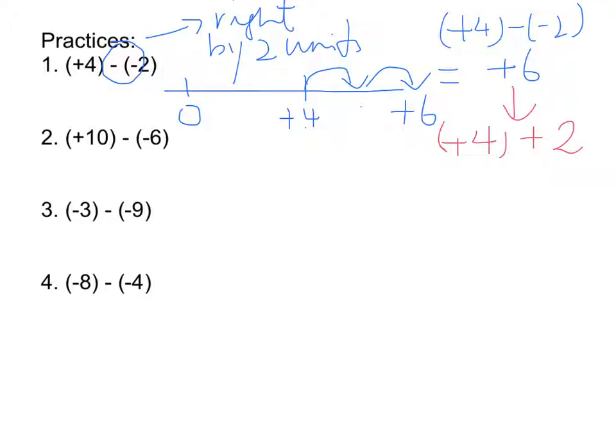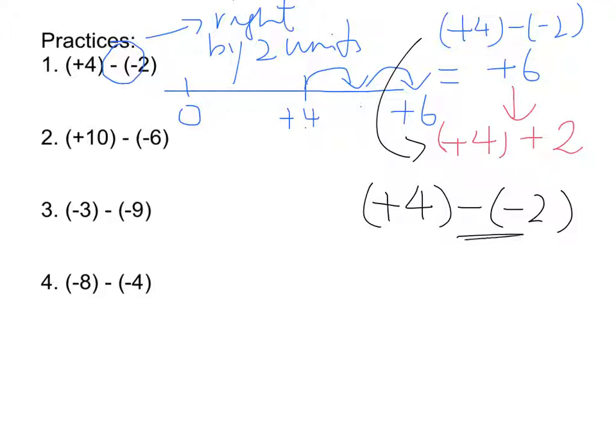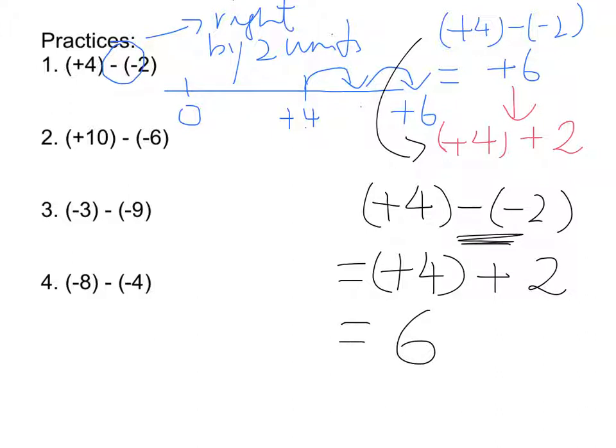We use this idea: positive 4 minus negative 2 can be rewritten as positive 4 plus 2. Therefore, at the end, I get 6.